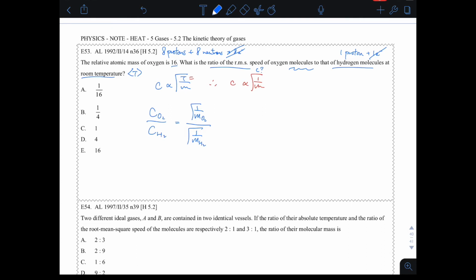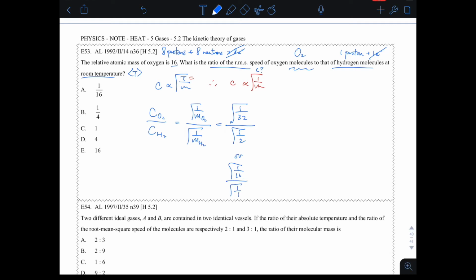Here we use small m. In fact, small m is not exactly equal to the relative mass of 32, because the mass of one oxygen molecule is very, very small, but it is directly proportional to 32. So we can still use it in MC to directly put in 32 here and directly put in 2 here. It doesn't matter if you can't think of molecules as O2, you can still put this in and it will be totally okay.